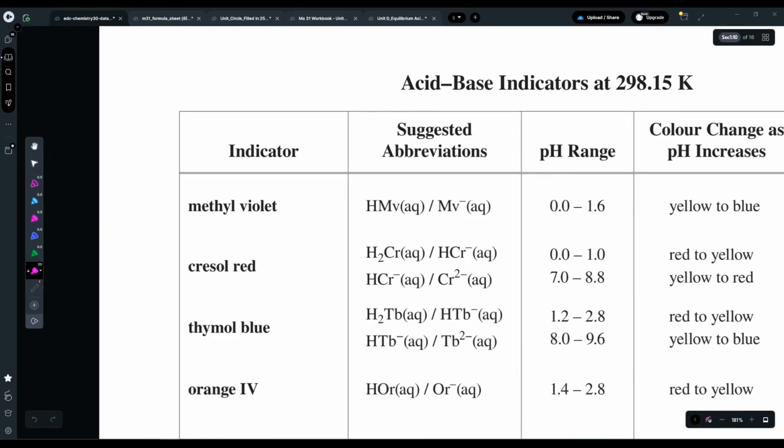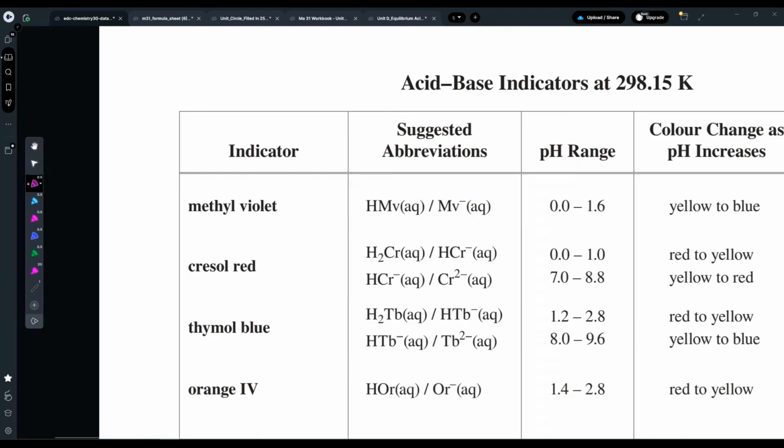Now, the reason why there are two different suggested abbreviations is because one of these abbreviations, like the one with more hydrogens in it, is going to be the acidic form of this indicator, and the other one is going to be the quote-unquote basic form of the indicator.